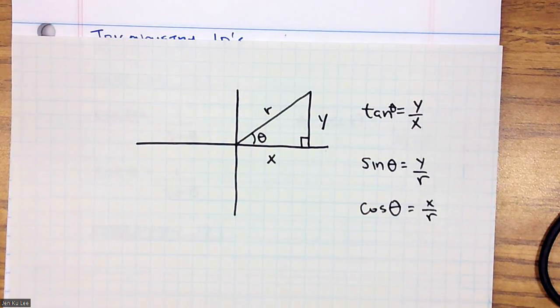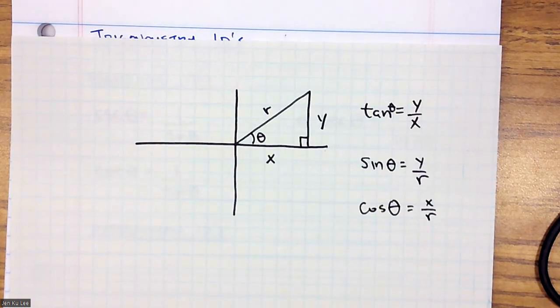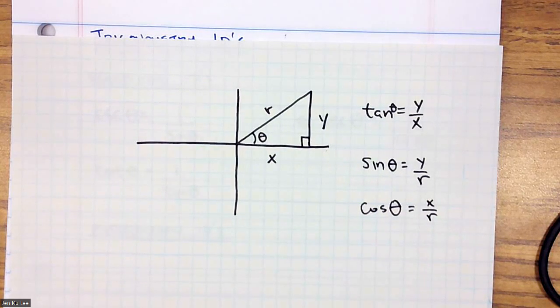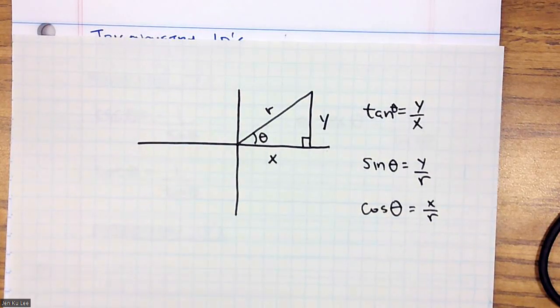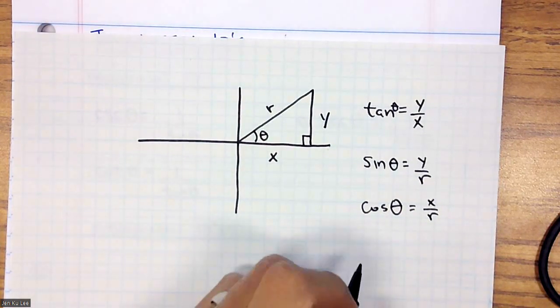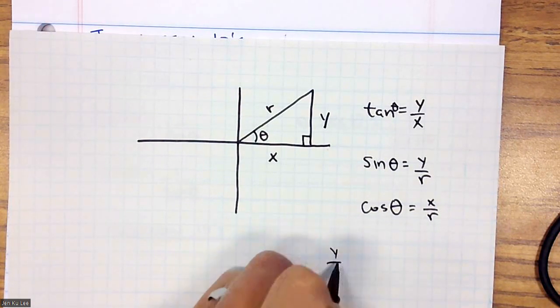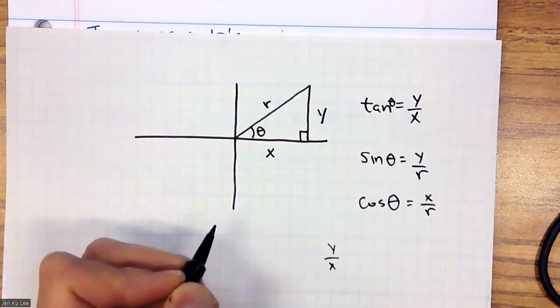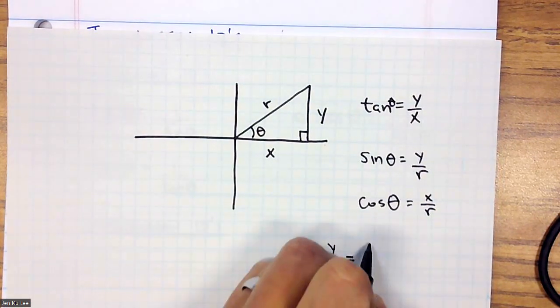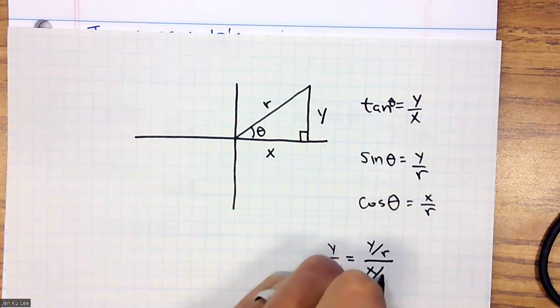If you want to flip it, what operation are we doing when we flip fractions? Reciprocal, yes, but not multiplication. Division, right? So y over x, which is tangent, is going to equal y over r divided by x over r.